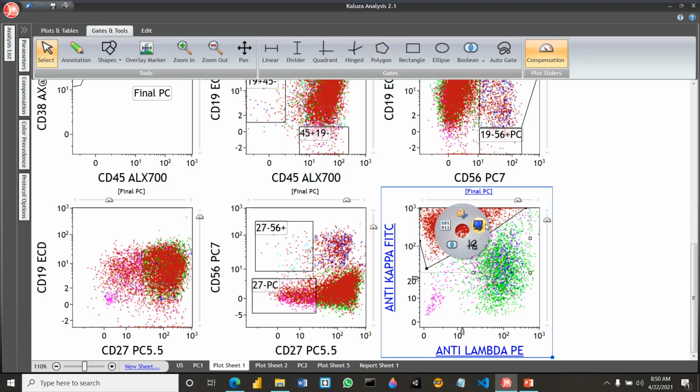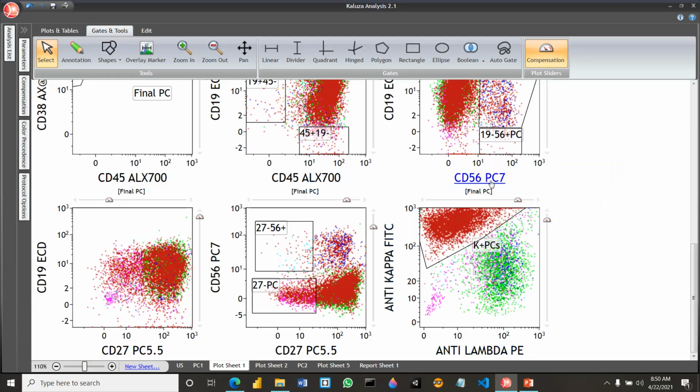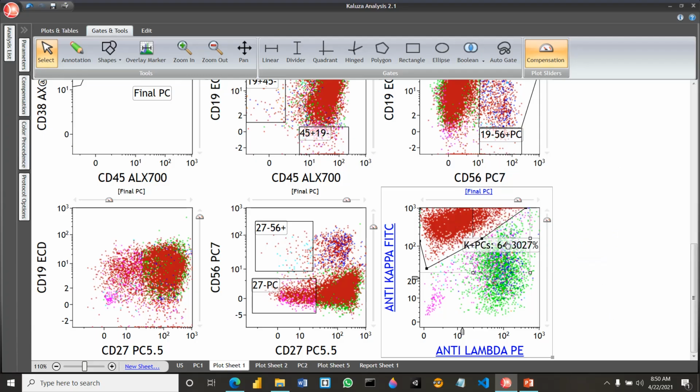These are kappa positive, and if you look at their percentage, it was 64.